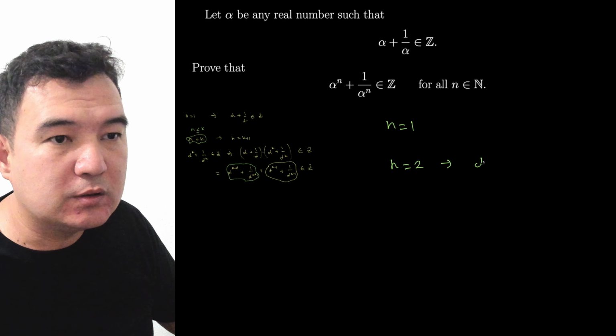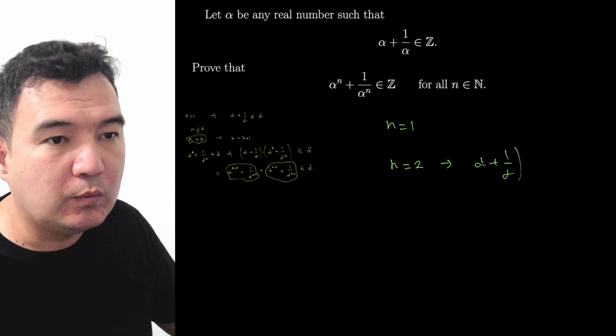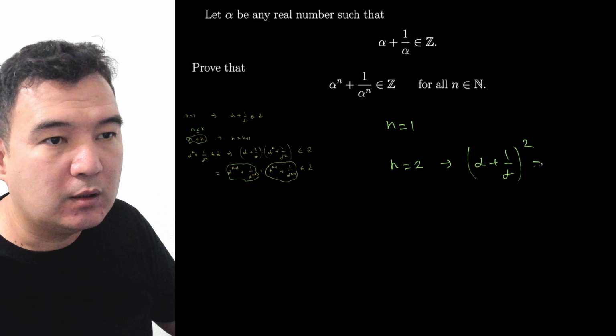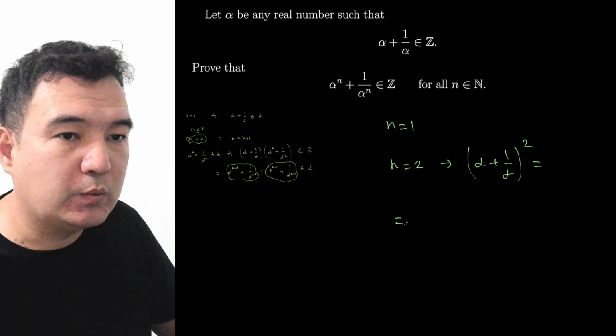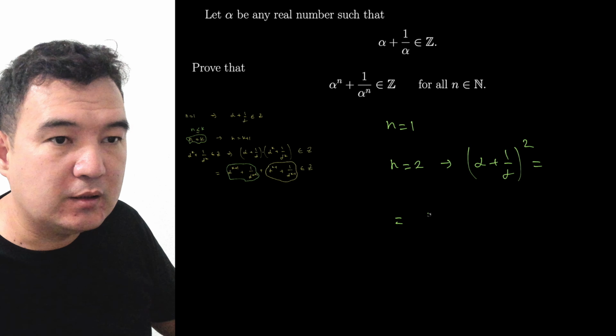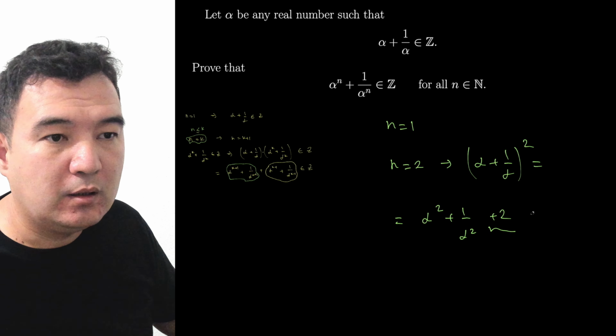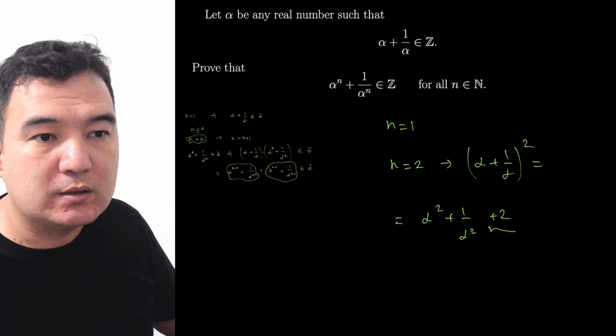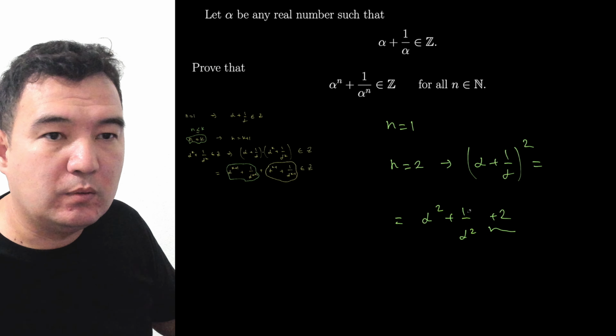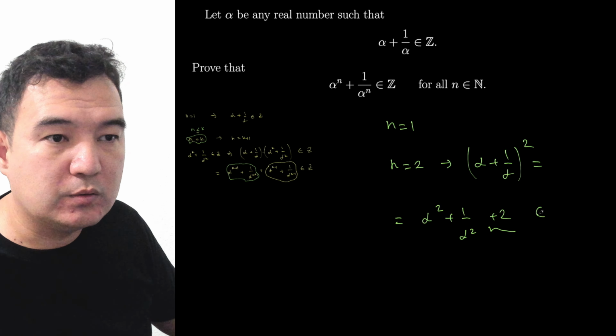If I do the square of alpha plus 1 over alpha, this is an integer, and if I open the parentheses, that's alpha square plus 1 over alpha square plus 2. Since this part is an integer, alpha square plus 1 over alpha square is also an integer.